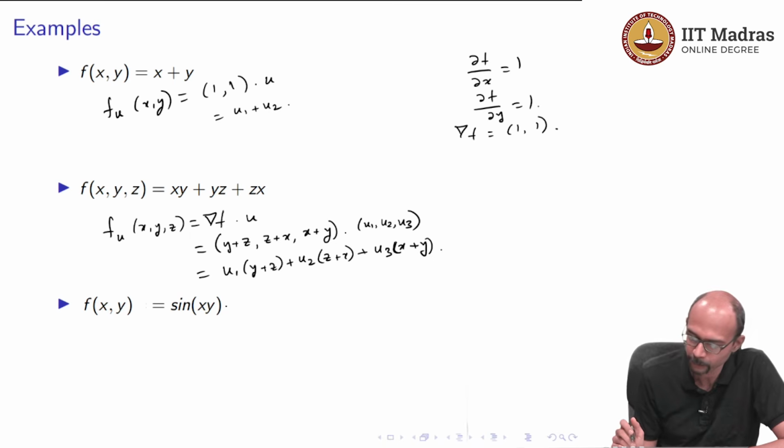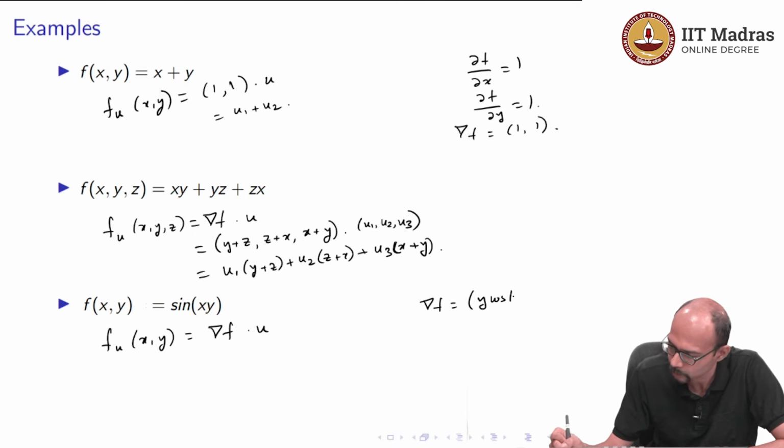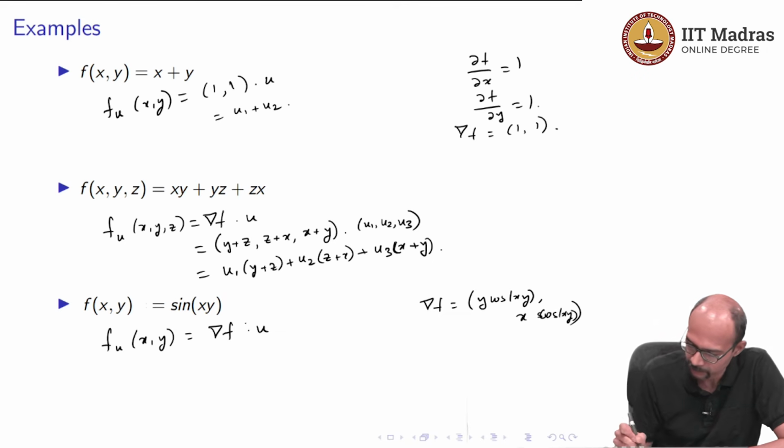So, and finally, we have f of x y is sine of x y. So, here f_u of x comma y, we need the gradient. The gradient, if you remember, was y times cosine x y comma x times cosine x y, right.